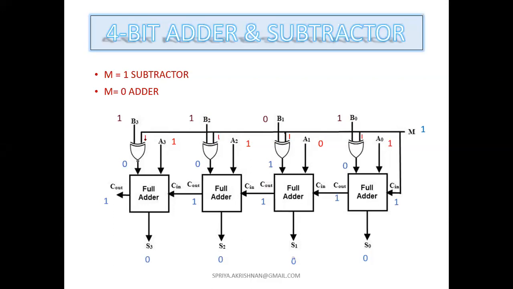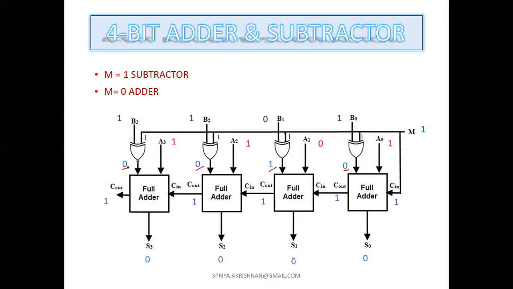So now you can easily help me with the help of the truth table of the XOR gate. 1 XOR 1: if you XOR the same number, the output of the XOR gate becomes 0. Isn't it? Yes. So that is what is given in blue color here. 0 and 1, output will be 1. 1 and 1, output will be 0. 1 and 1, again output will be 0.